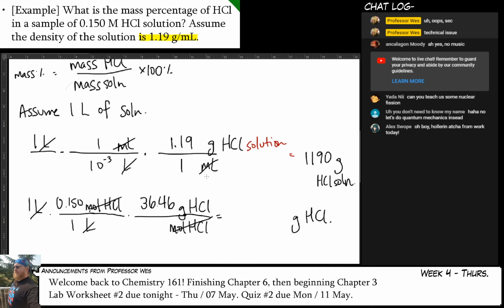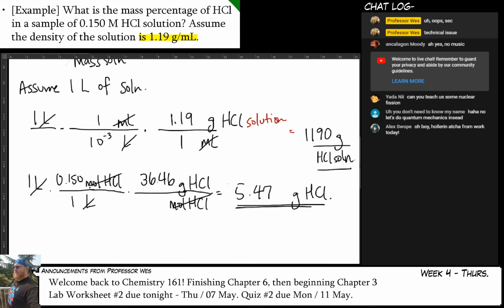So I got this as my answer. So the mass of HCl in the solution is 5.47 grams. All the rest of it's water.